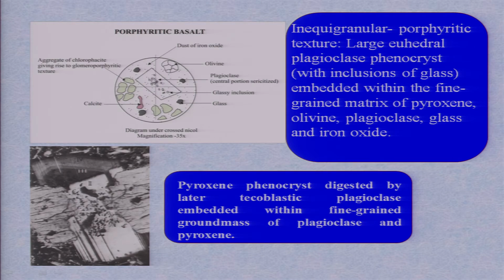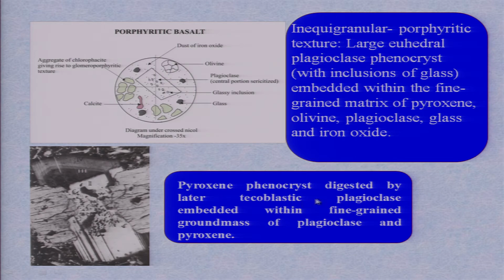This crystal includes black colored glass inclusions. The matrix of pyroxene, olivine, plagioclase, glass and iron oxide is there. This forms the matrix. See another slide in this picture.